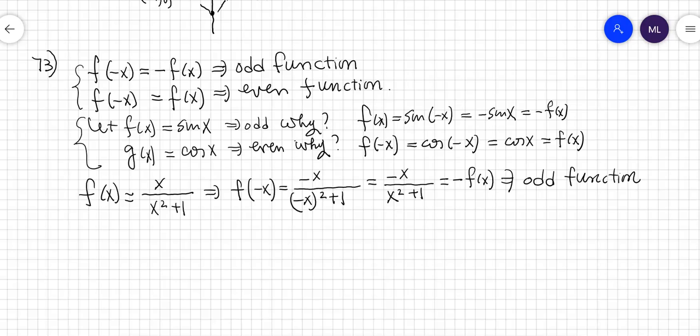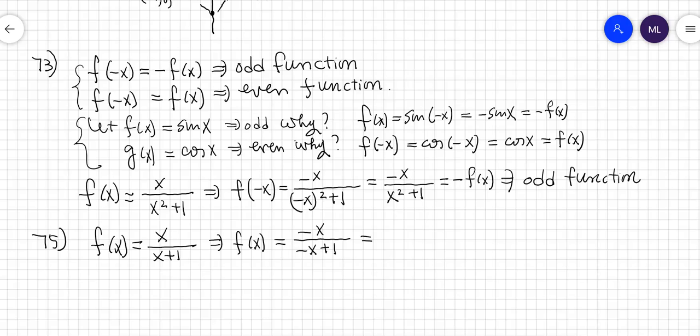Let's try something interesting. 74 is an even function. I don't even want to do that. How about 75? F of x is x over x plus 1. Then what is f of negative x? This is negative x over negative x plus 1.